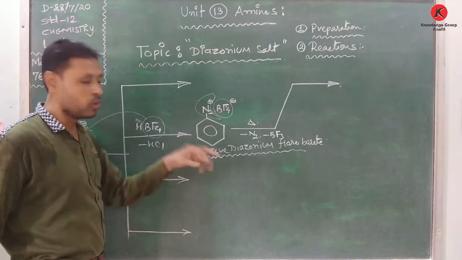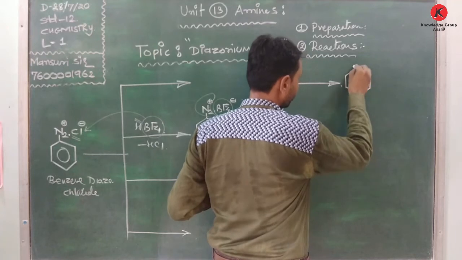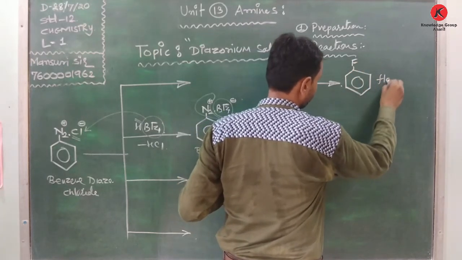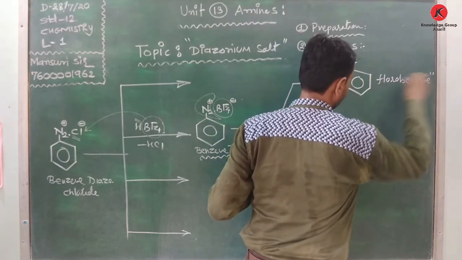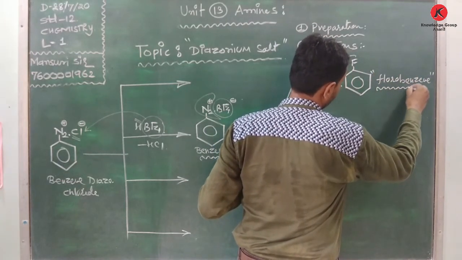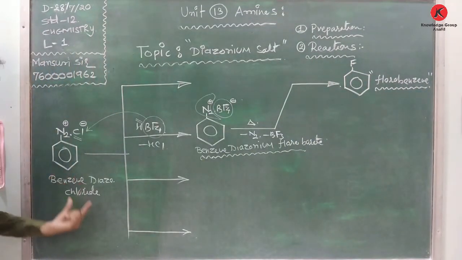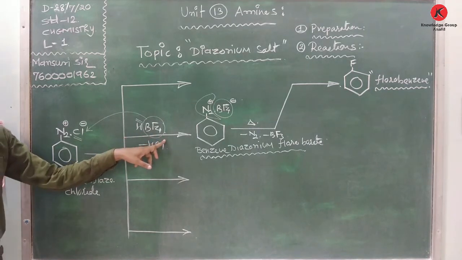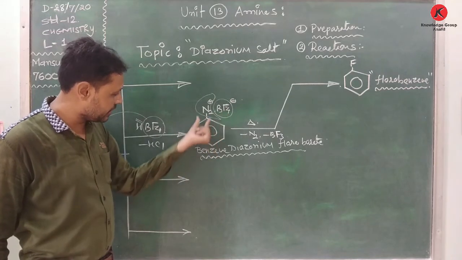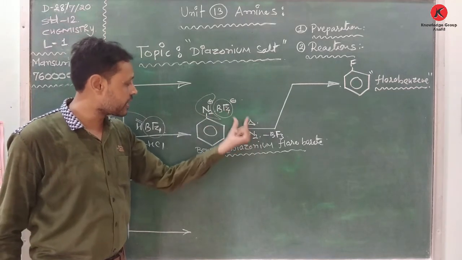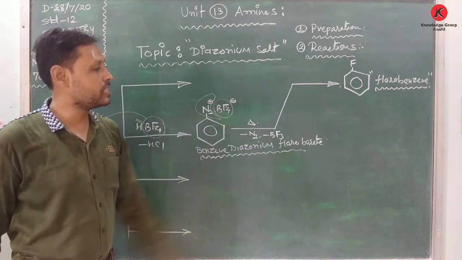That is why fluorobenzene is obtained. Now benzene diazonium chloride reacts with HBF4 and forms benzene diazonium fluoroborate. After getting this compound, when some heating is given, then fluorobenzene is formed.